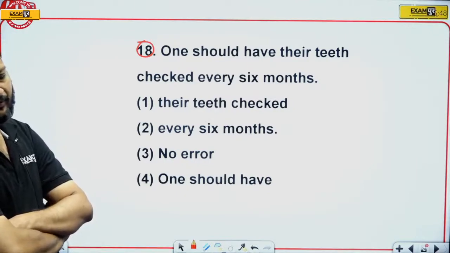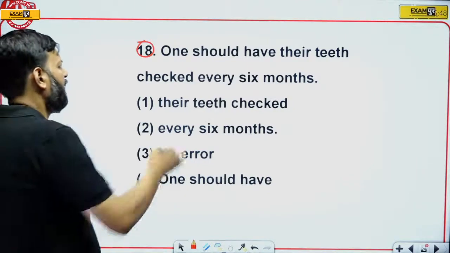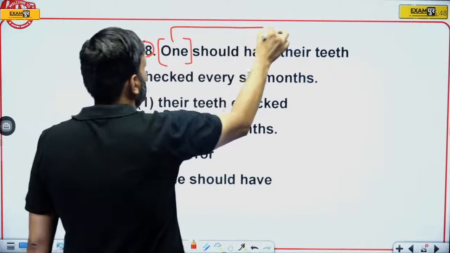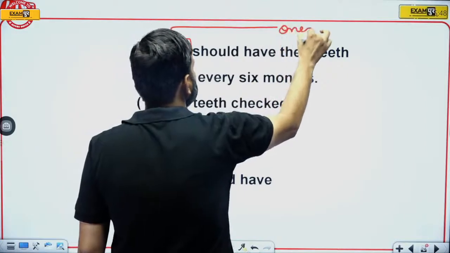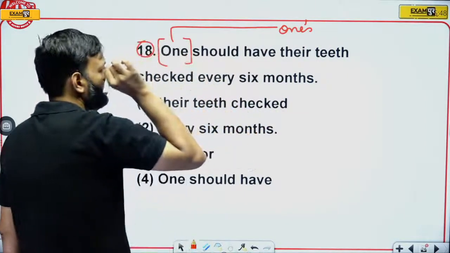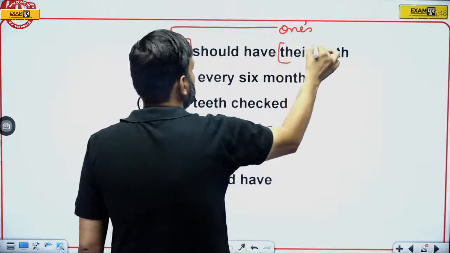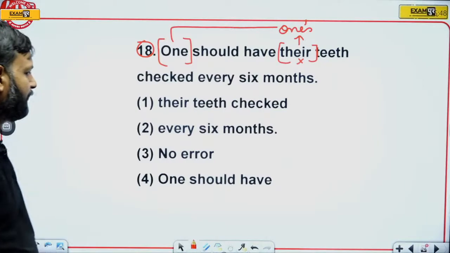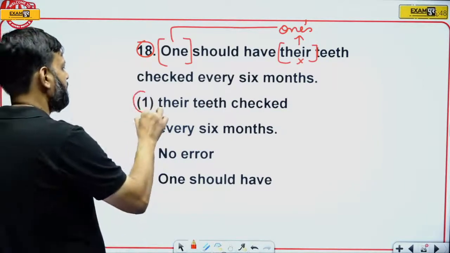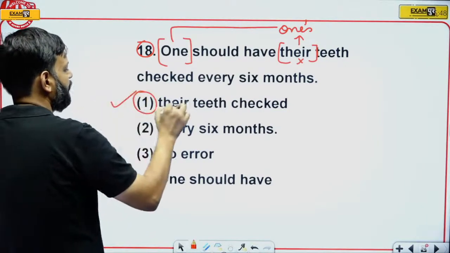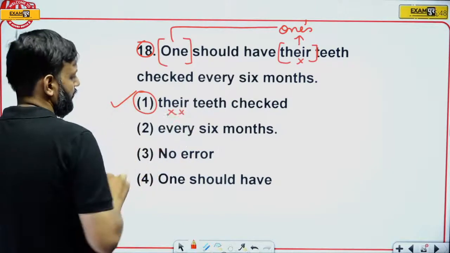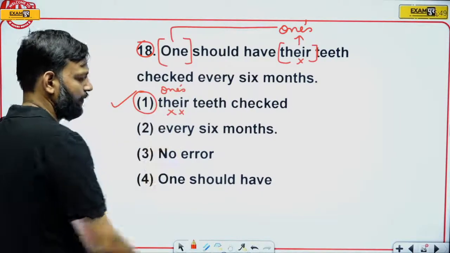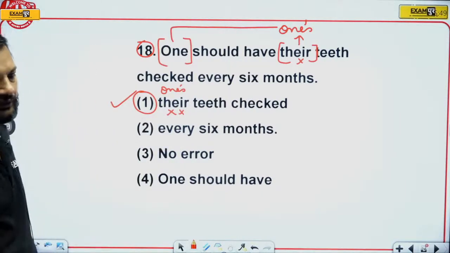See, I have told you many times that "one" as a subject is always followed by "one's" as a possessive adjective. So here in place of "their" we need "one's". The error is in the first part, so option 1 is the right answer.